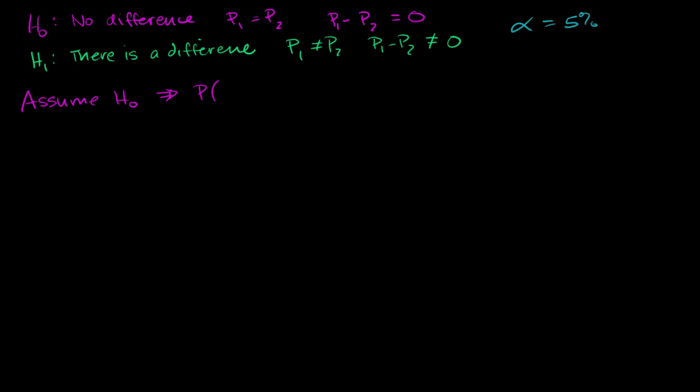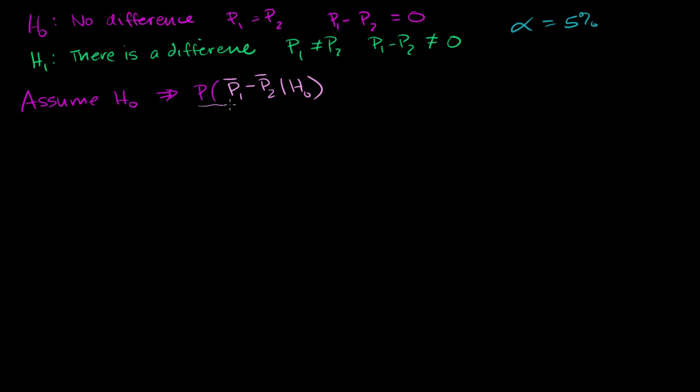So we're going to figure out the probability of actually getting our actual difference between our male sample proportion and our female sample proportion, given the assumption that our null hypothesis is correct.